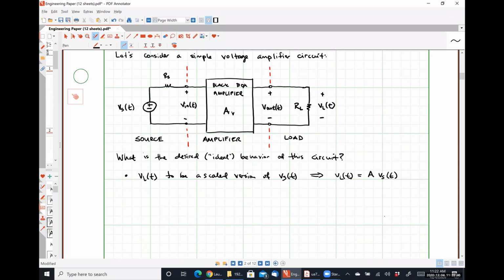We're disconnecting just the source and looking in through the input terminals of the amplifier while they are connected to that load resistance. It shouldn't be nothing. We're looking for a Thevenin equivalent that doesn't have a voltage source because there's no voltage source anywhere in the circuit. So we're looking for some Thevenin equivalent resistance, okay?